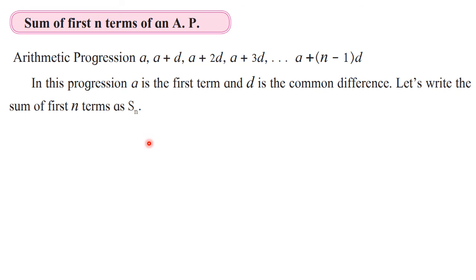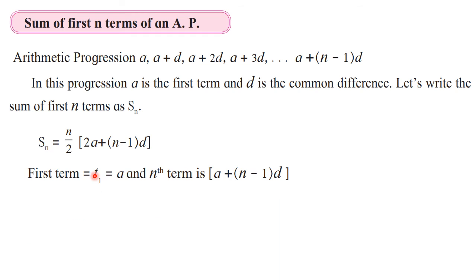So here the formula is given as Sn is equal to n upon 2 inside the square bracket 2a plus in round bracket n minus 1 bracket close outside the bracket d and the square bracket is closed. This is the formula of Sn, where n stands for number of terms, a stands for first term, and d stands for common difference. Okay. Now this formula we can write down in one more way.